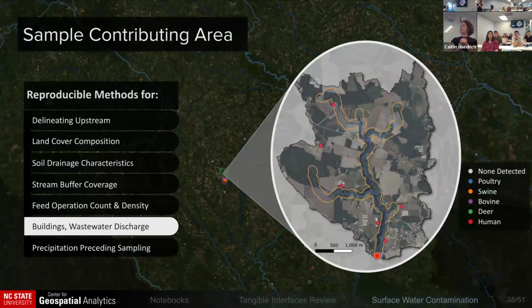The other thing I did was look at whether there was precipitation or not, and whether there was DNA found or not. I found a significant relationship between the two. So you're more likely to find DNA in the waterway if there's been rain before the sampling.